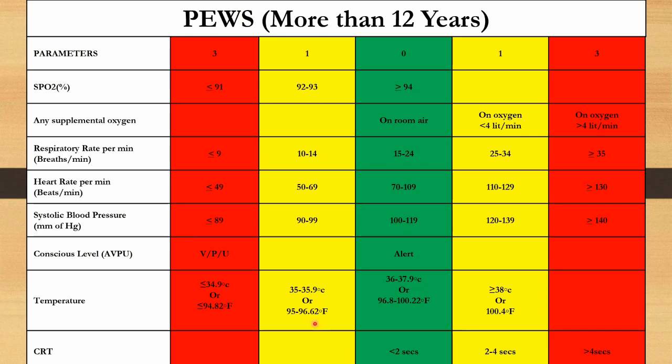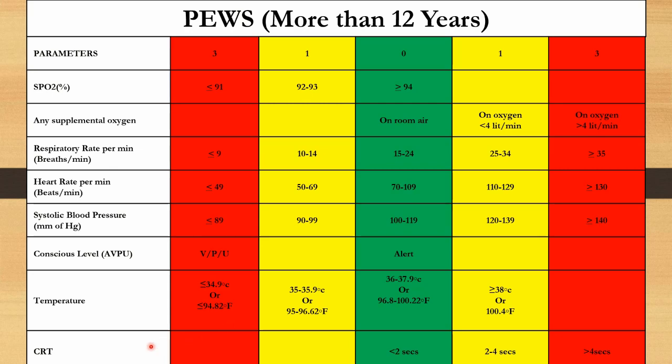On the other hand, if the body temperature is between 35 to 35.9 degrees Celsius or 95 to 96.62 degrees Fahrenheit, give a score of 1. If it is less than or equal to 34.9 degrees Celsius or less than or equal to 94.82 degrees Fahrenheit, then give a score of 3.